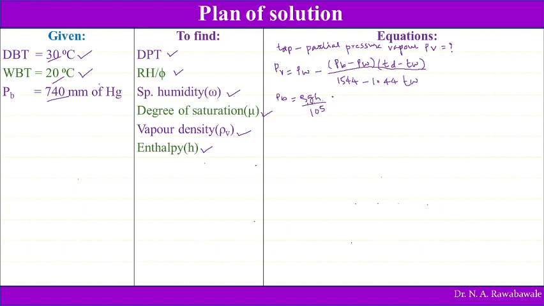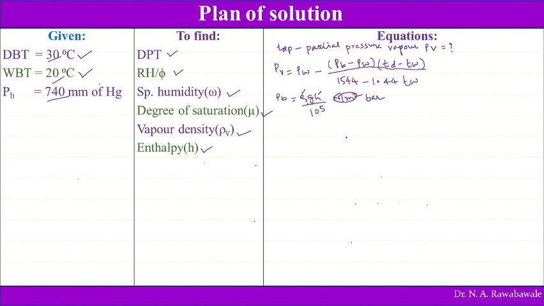Rho g h gives the barometric pressure in Newton per meter square, substituting h in meter, rho in kg per cubic meter, and g as 9.81 meter per second square. Dividing by 10 to the power of 5 converts it into bar.